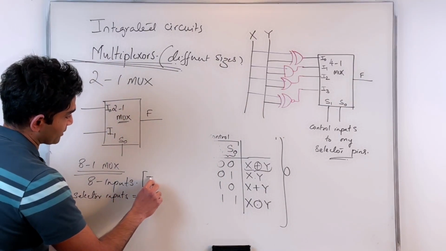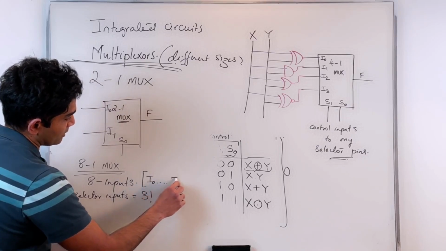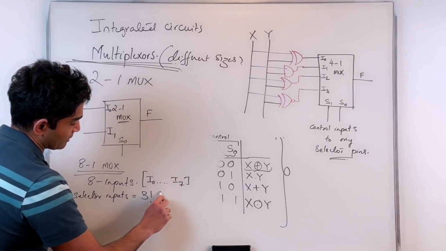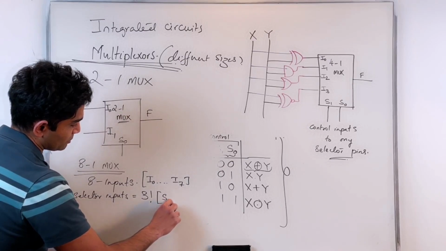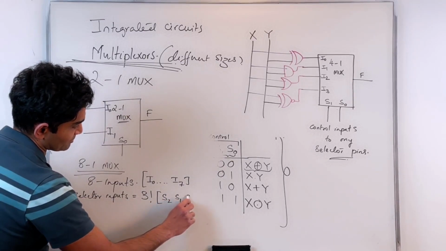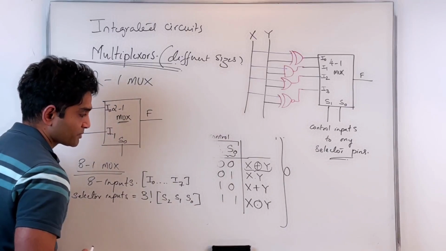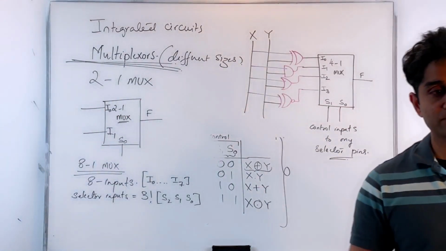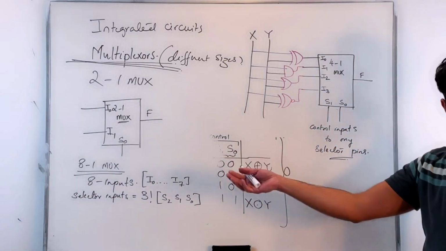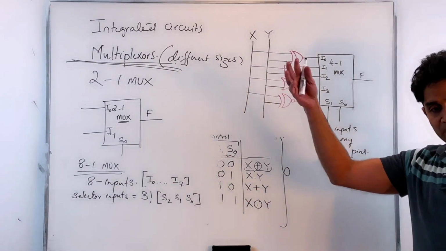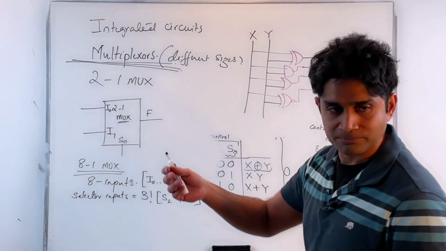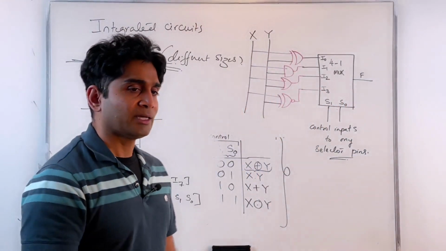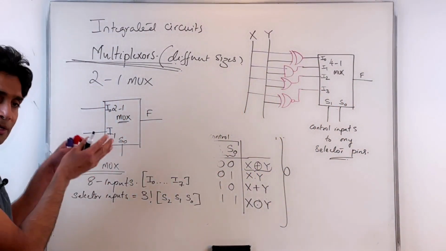Your 8 inputs go as I0 through I7. Your selector inputs go as S2, S1, S0. Right? I have 8 different possibilities. So 0, 0, 0 selects I0, 0, 0, 1 selects I1, 1, 1, 1 selects I7. So I have 8 different possibilities, and what you apply on the selector inputs, the corresponding input is routed to the output.